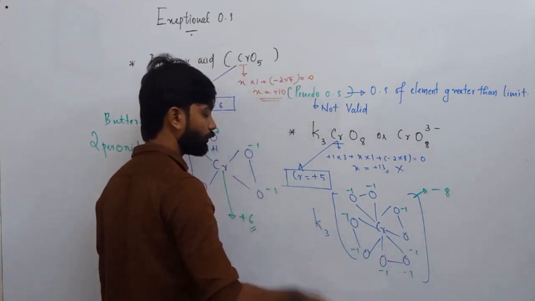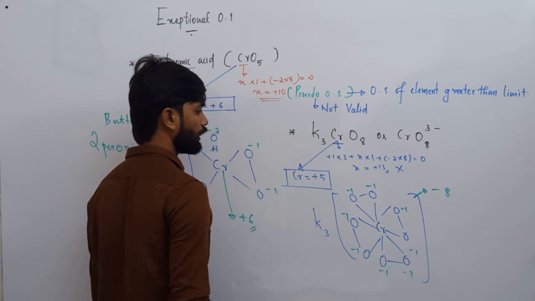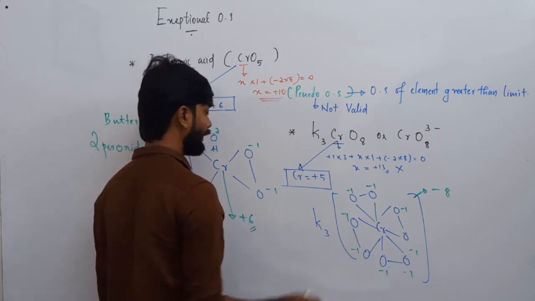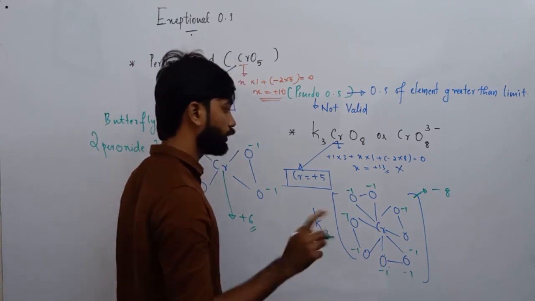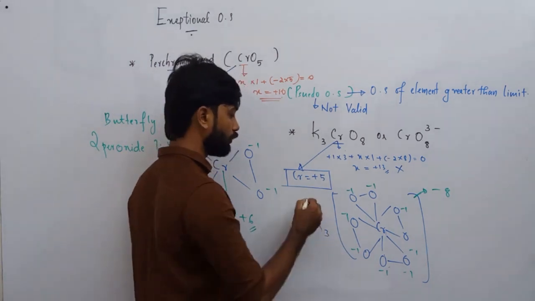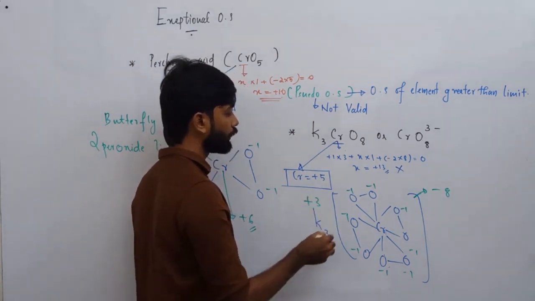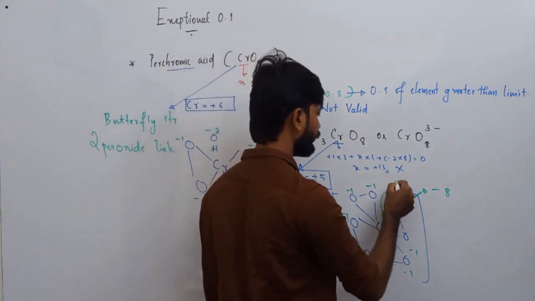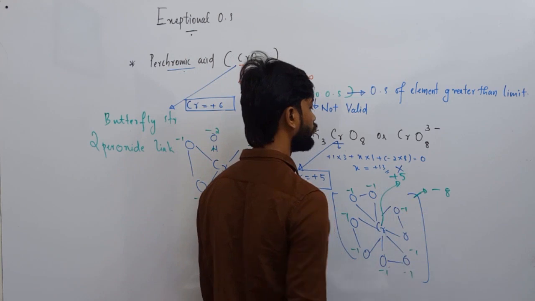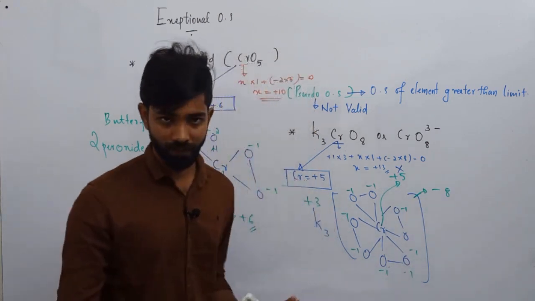Okay, so it will be balanced by a +8 charge, where +3 is already offered by the potassium, so chromium should offer +5. So the total negative charge is -8.